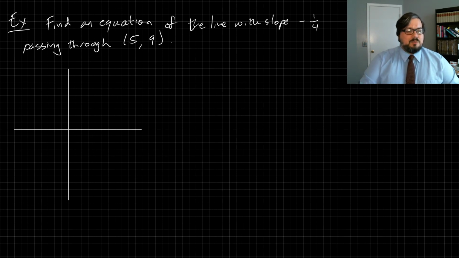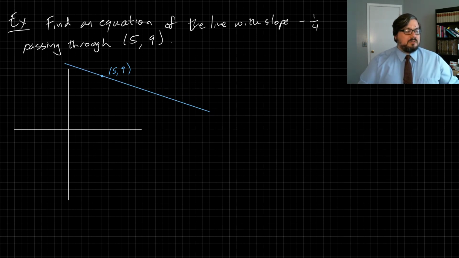So let's sketch out what's going on here. We've got the point, and I'm going to be a little loose with my points here. I just want to get them in approximately the right position. We've got the point (5, 9), and we know that our line is passing through that point. We also know that the line has slope negative 1/4, which means that it's going to be sloping downwards, but sort of shallowly, because negative 1/4 is still close to 0.